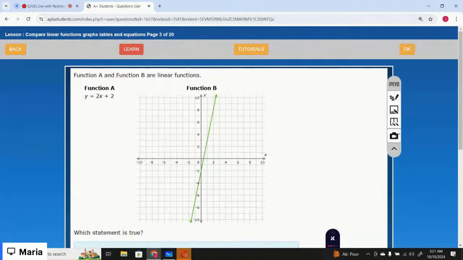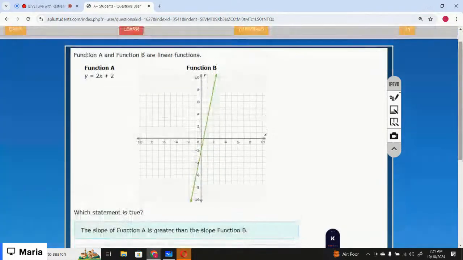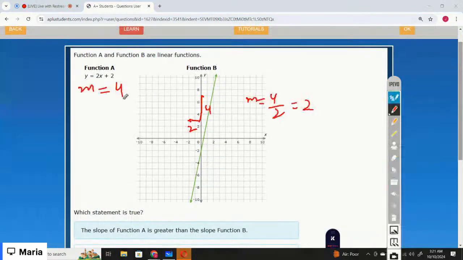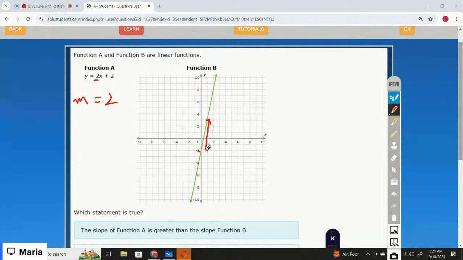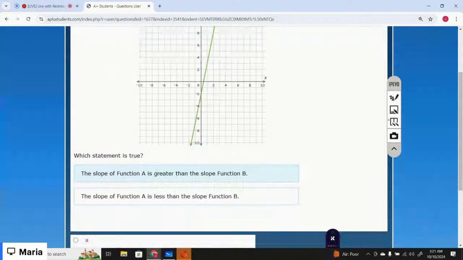Okay, again, you are given the functions. You need to compare the slopes, right? So the slope of function A is m equals 2, and the slope of function B is 4. That means the slope of function A is less than the slope of function B. The correct option is option number 2.